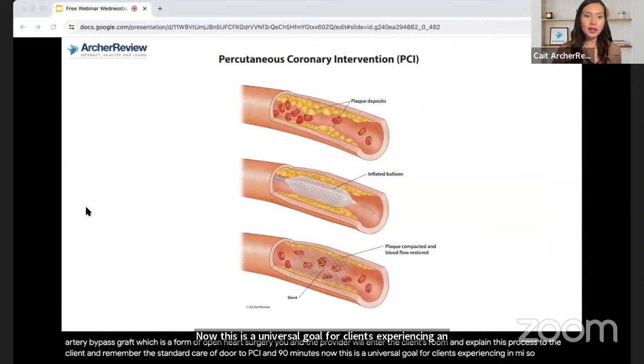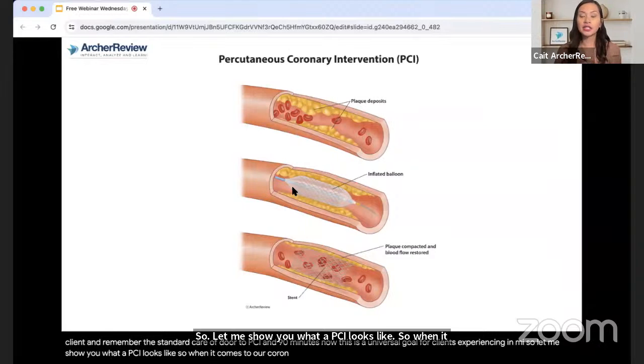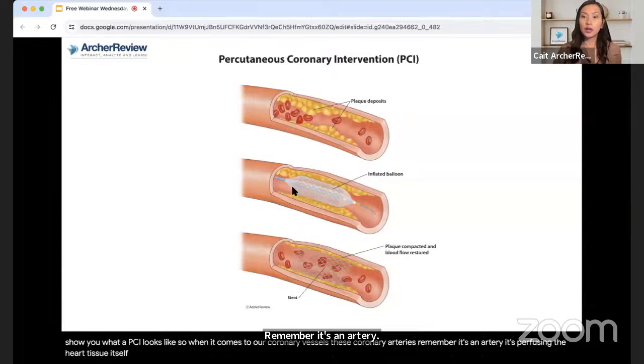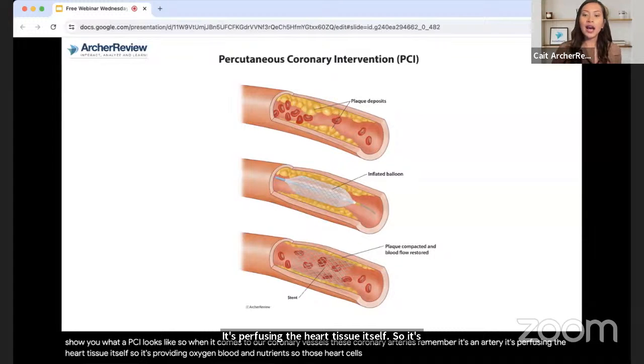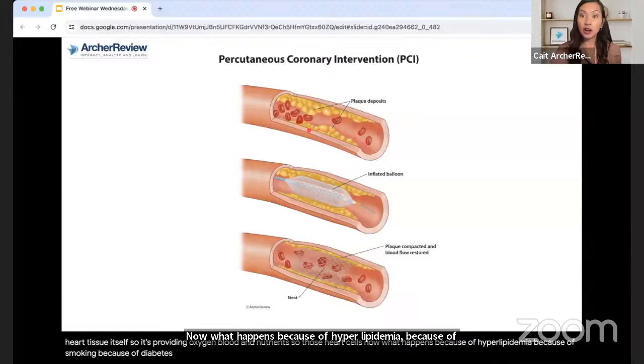So let me show you what a PCI looks like. So when it comes to our coronary vessels, these coronary arteries, remember it's an artery, it's perfusing the heart tissue itself. So it's providing oxygen, blood, and nutrients to those heart cells. Now, what happens because of hyperlipidemia, because of smoking, because of diabetes, it can cause atherosclerotic plaques to form in these coronary arteries.